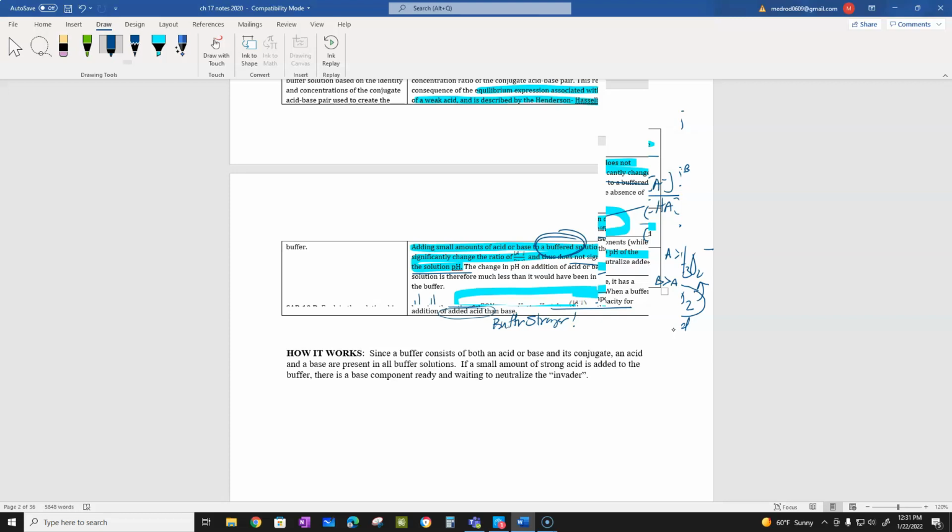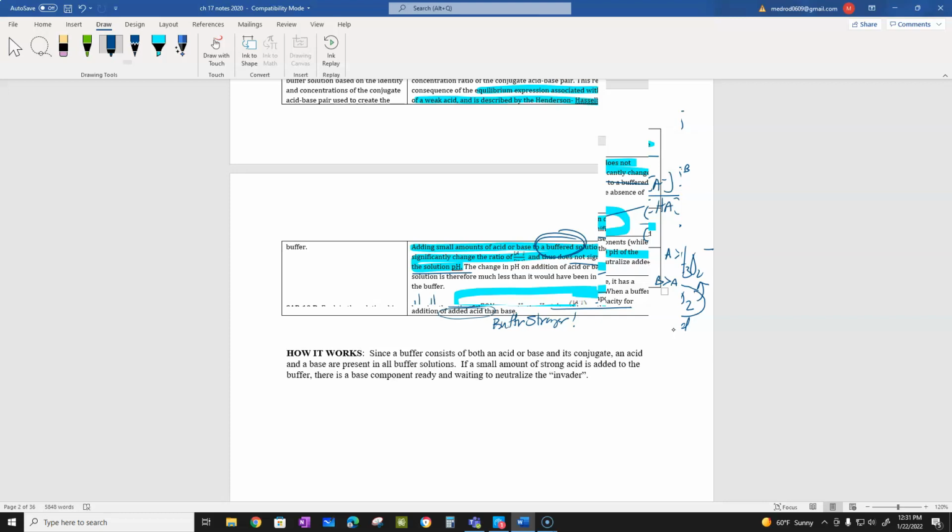So ladies and gentlemen, if you have a common ion effect, you have just created a buffer solution. Okay? But a buffer solution, what is it? You have to have a weak acid and its conjugate base, or a weak base and its conjugate acid. So remember if we added water into this, I would have my weak acid, there's my base, and I'd have hydronium.